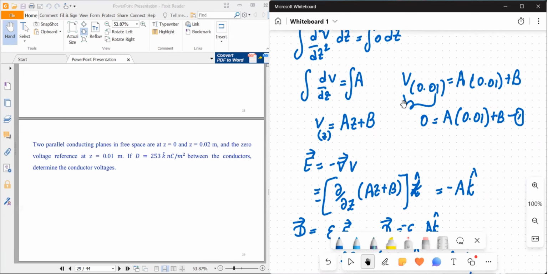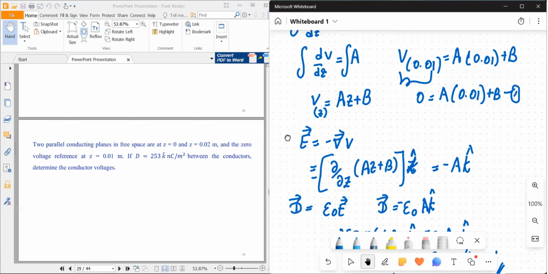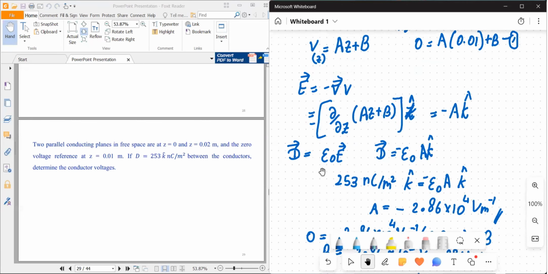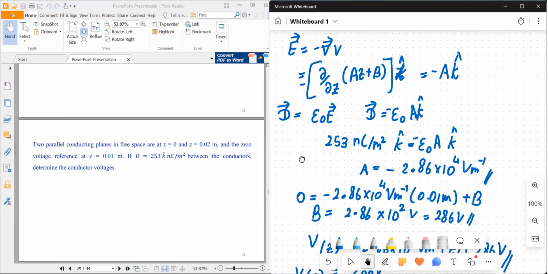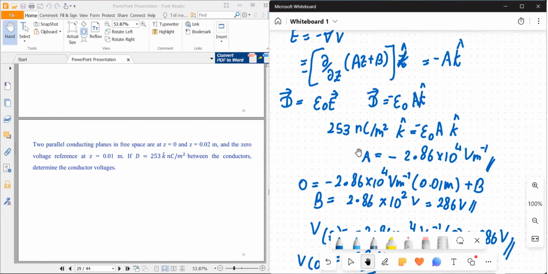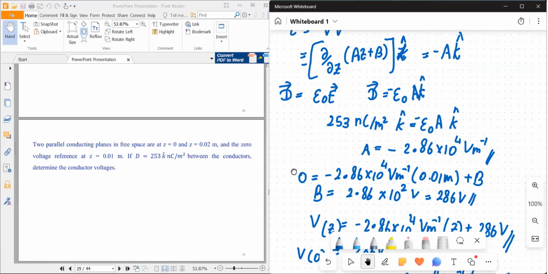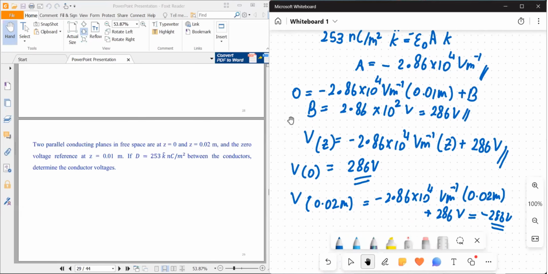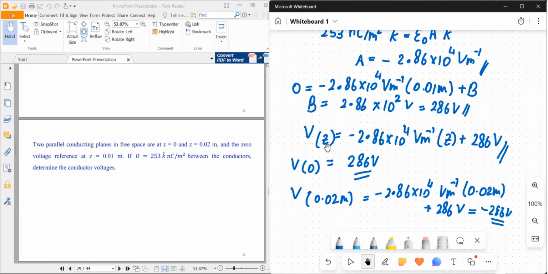Then we applied the boundary conditions. We obtained this relation, and then another boundary condition, it is given the electric displacement value. So we obtained the value for this constant A, and then we used this value for A to determine the value for B.